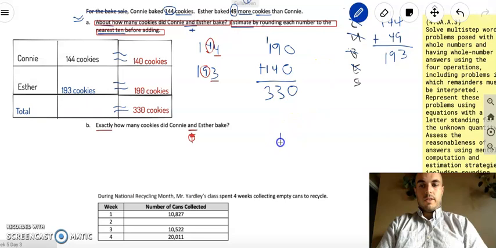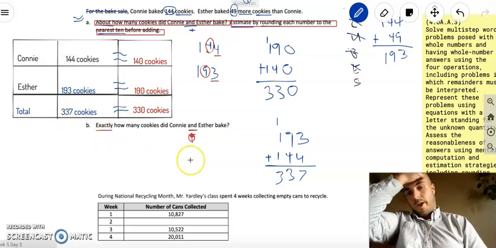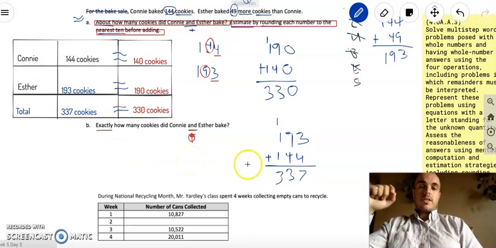So 193 plus 144. And let's make that addition symbol look more like an addition symbol. There we go. All right, 3 plus 4 is 7. 9 plus 4 is 13. Carry the 1. 1 plus 1 is 2. Plus 1 is 3. So 337. Exactly. Awesome.